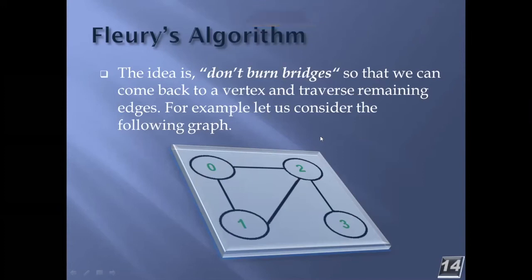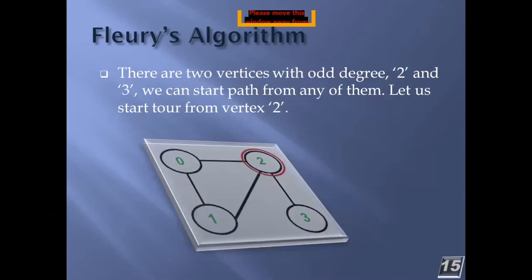For example, let us consider the following graph. We will not traverse any edge which is a bridge at first. I will traverse them in the end if I can. There are two vertices with odd degree, 2 and 3.